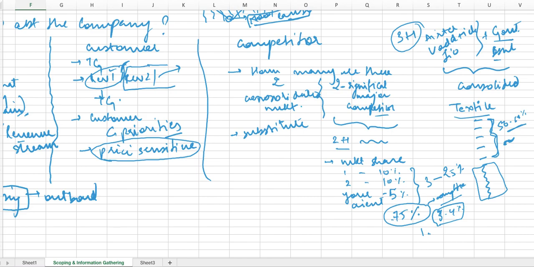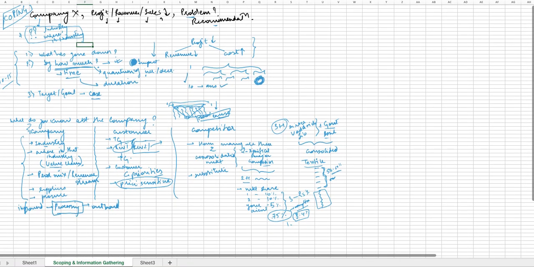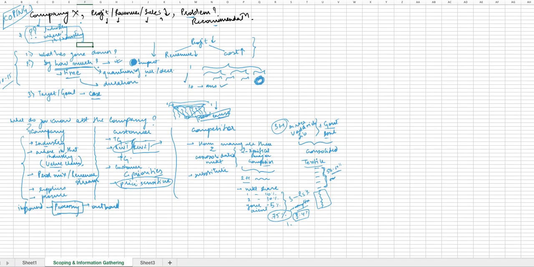So SWOT I do not use, but Porter's five forces, PESTLE, then the BCG matrix, and the Ansoff matrix, these are frameworks which I often use. So you can just Google them up. Okay, so to summarize, what did we do today? We saw what a profitability case looks like in general.